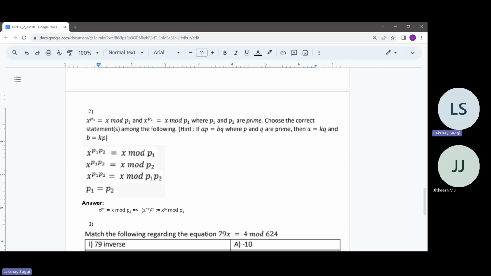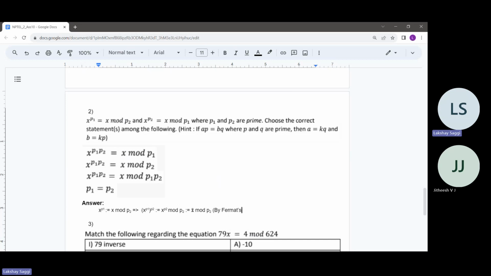So this will be nothing but x raised to the power p1 times p2, and this will be x raised to the power p2 mod p2. And what do we know about this value? You can see from Fermat's little theorem that x raised to the power p2 minus 1 will be equal to 1 mod p2. So this will be nothing but x mod p2. So what I'm claiming is this value will be equal to x mod p2, and why is this?